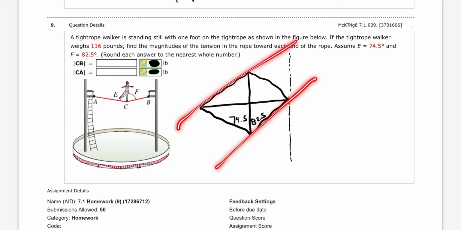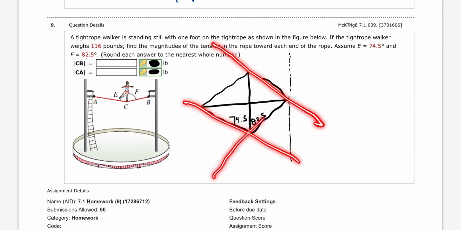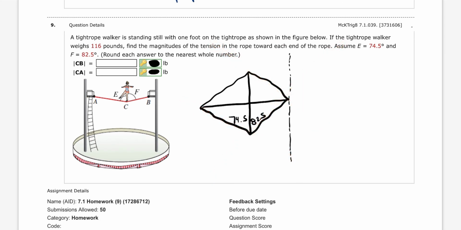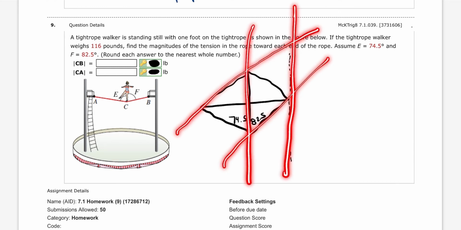All right, and so let's see here. These 2 are parallel. Okay, so it turns out that since these are parallel, and you got this transversal here, alternate interior angles are congruent.